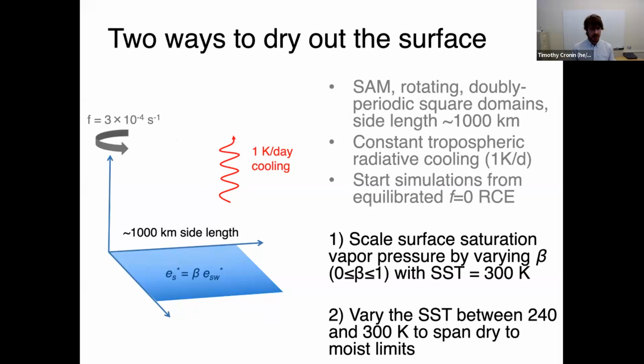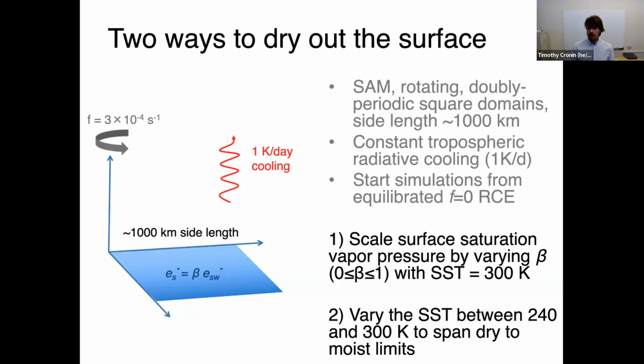And we're fixing the sea surface temperature in each simulation. Each simulation is also started from an equilibrated, non-rotating radiative convective equilibrium state with the same boundary conditions. So we're not abruptly going from a moist initial atmosphere to a dry surface or vice versa.